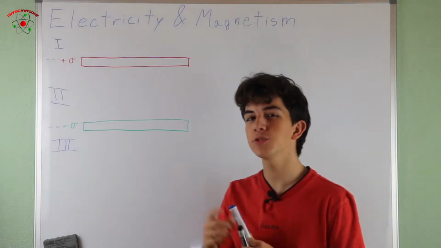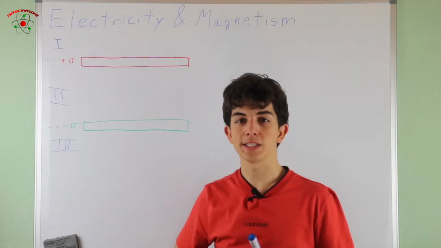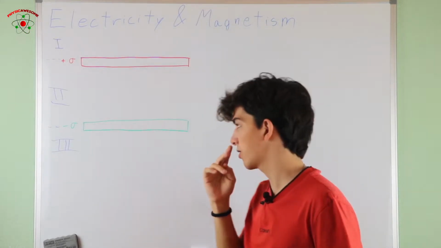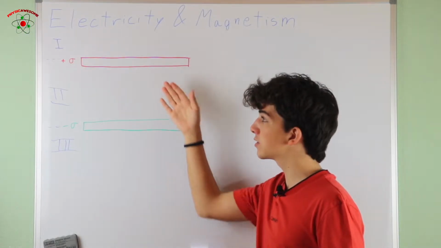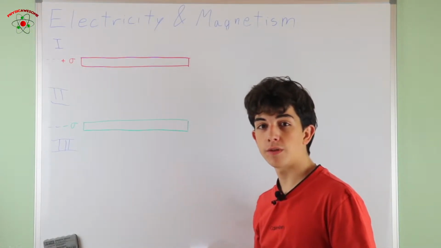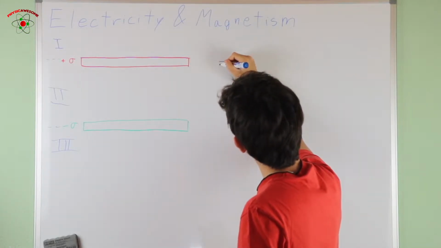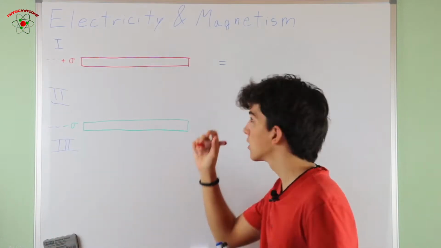We expect this situation to be symmetrical, in the sense that these two parts should be similar to each other. This problem is equal to the addition of the electric fields of each of the thin sheets.